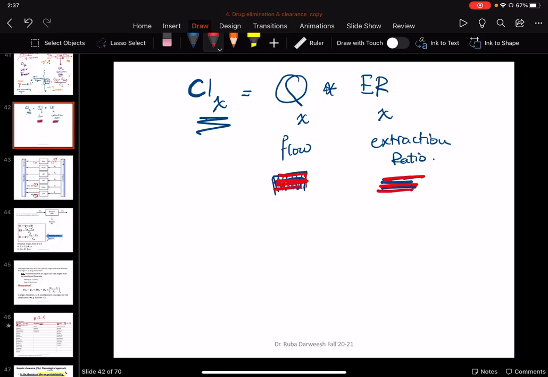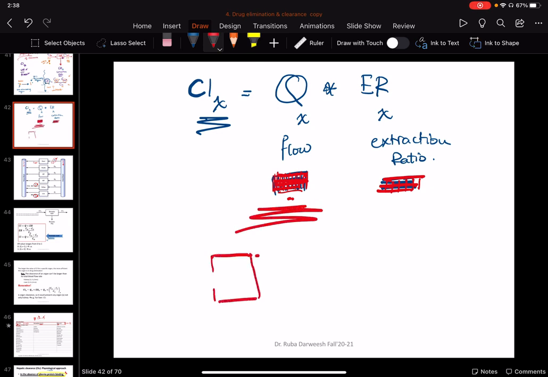This would be the maximum that the organ can reach if we consider that the extraction is extremely good, as it's the maximum flow to that organ. So consider the inherent ability of a certain organ to eliminate, or metabolize if we are talking about the liver, that drug without any restriction of the flow.